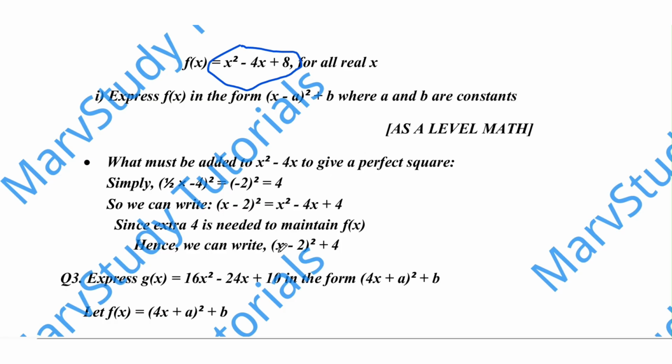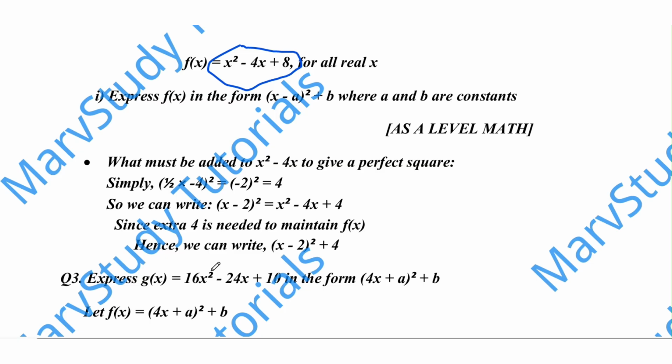The coefficient of x in the bracket doesn't bear any coefficient, right? But this bears a coefficient. So it will be a little bit stressful to go through the completing square method. So the best thing to do is to compare the two expressions to what is given to you. Remember, they said express g of x equal to 16x squared negative 24x plus 10 in the form.